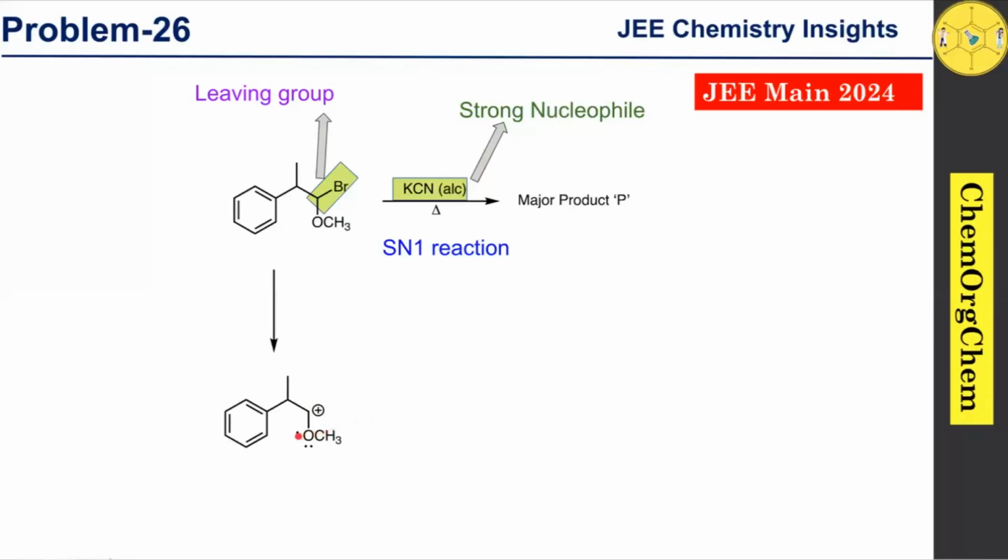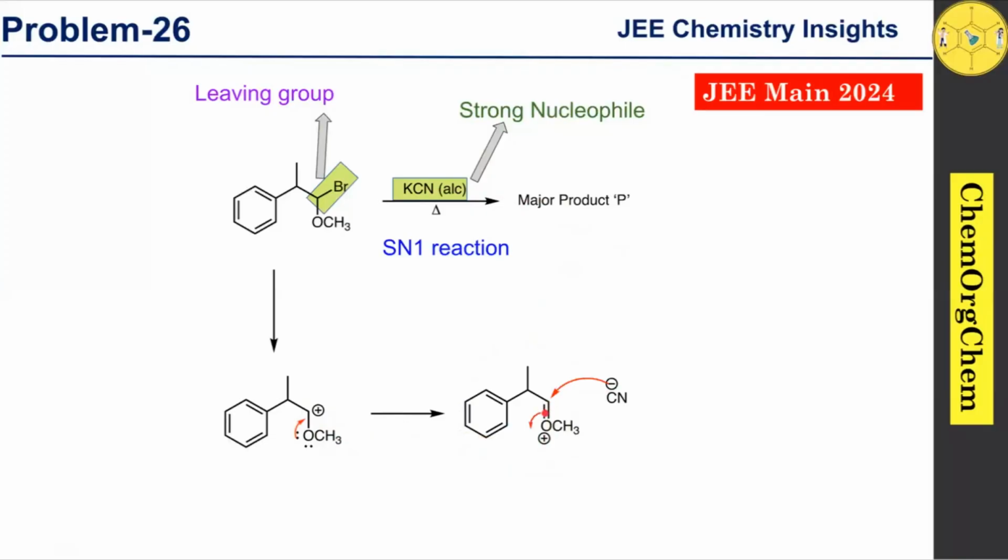Now you can see that this lone pair of electrons moves here, resulting in the generation of this new intermediate. Because this oxygen lone pair moves towards this carbon, the oxygen now gets a positive charge. Now our cyanide nucleophile, which is a strong nucleophile, readily attacks this carbon atom.